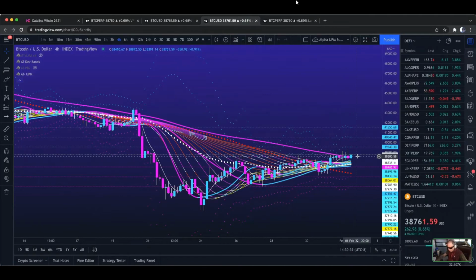It's a bear. Look what Bitcoin's doing right now. If we can close this daily candle up above on this 4-hour chart, if this daily candle closes these 4-hour candles above this 99, look at our band. We've got 15 different lengths here.